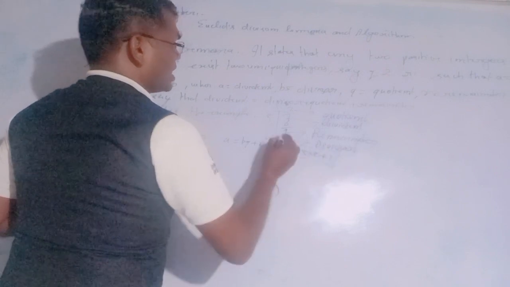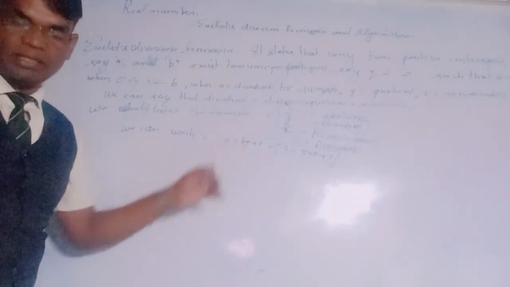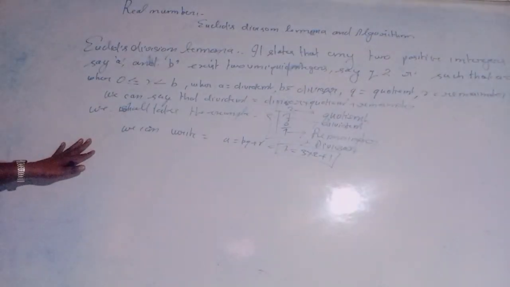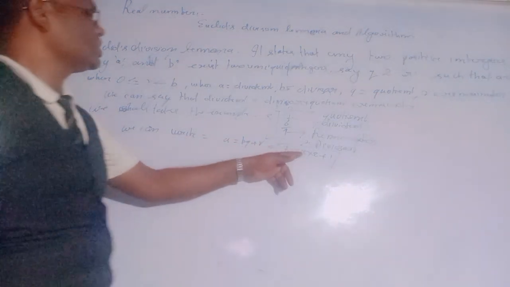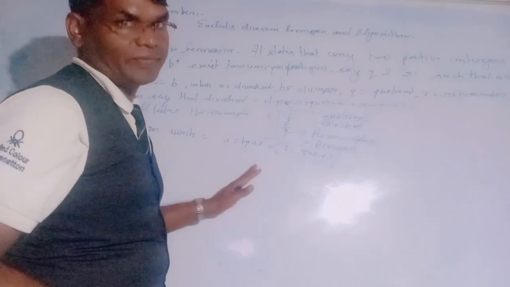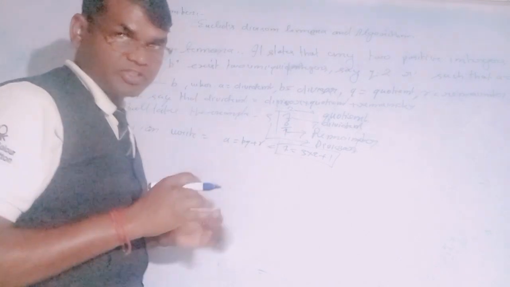This will always hold: 3 into 2 is 6, plus 1 is 7. So the LHS and RHS are always equal.